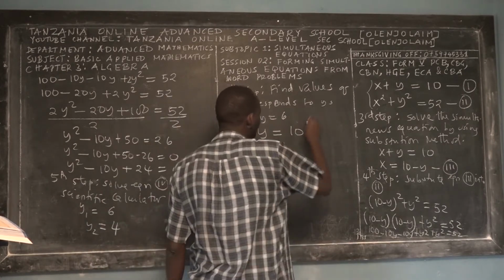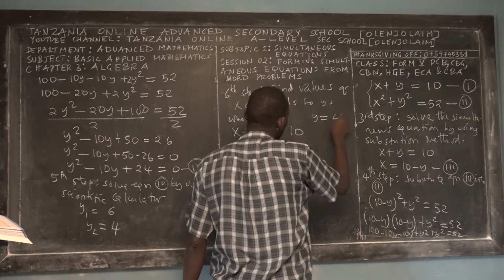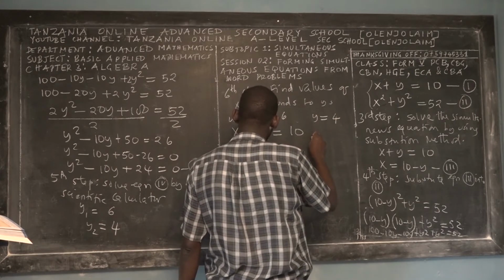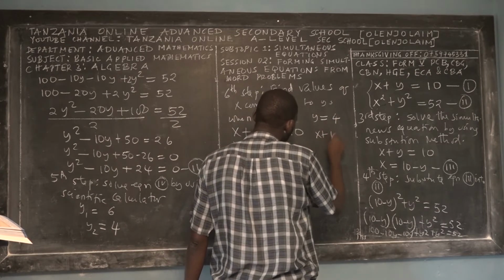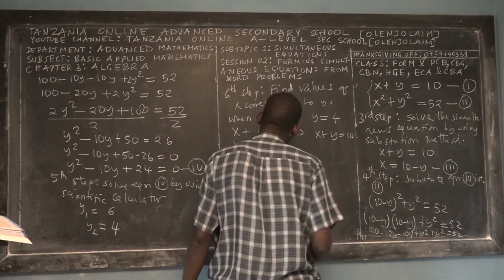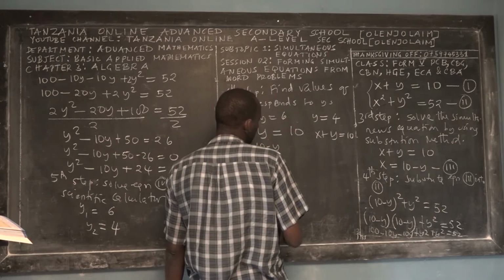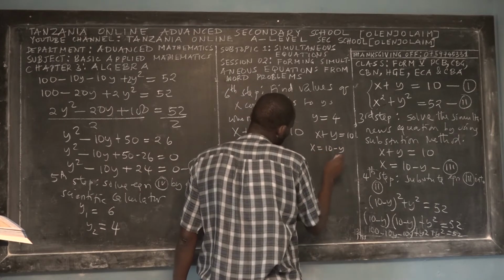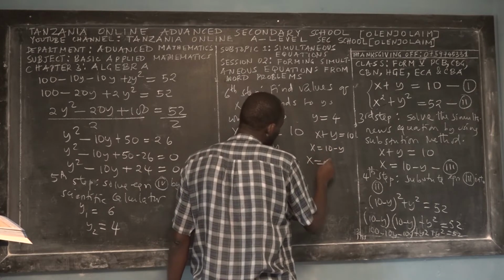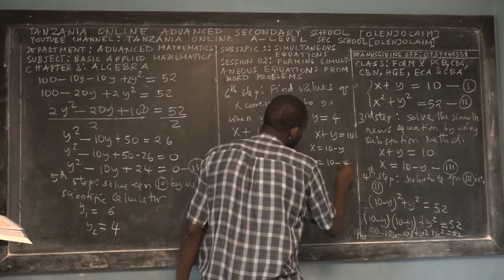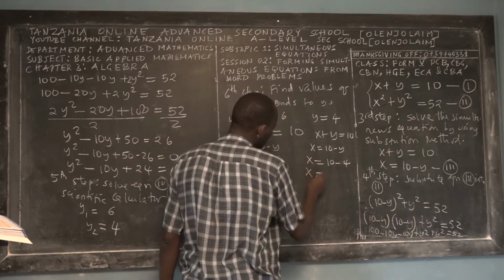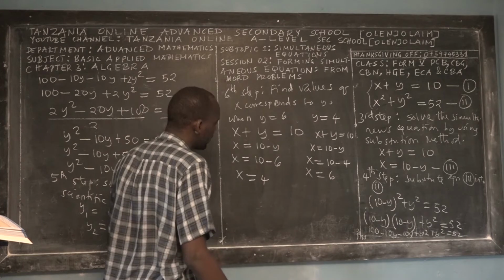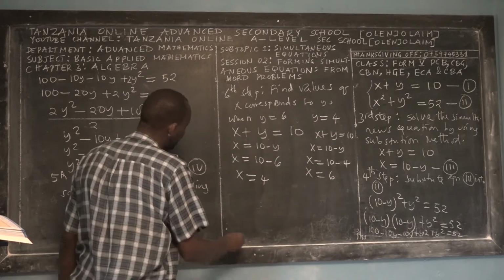Then again, when y is equal to 4, we are still taking the first equation, x plus y is equal to 10. Then we have x is equal to 10 minus y, so x is equal to 10 minus 4. This will make x equal to 6. So how many values do you have?